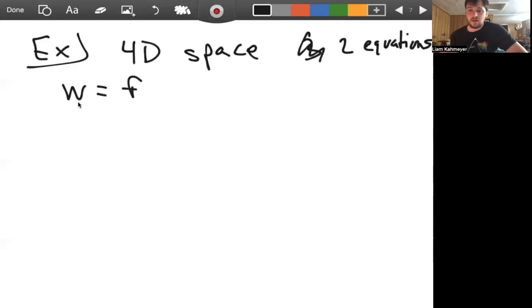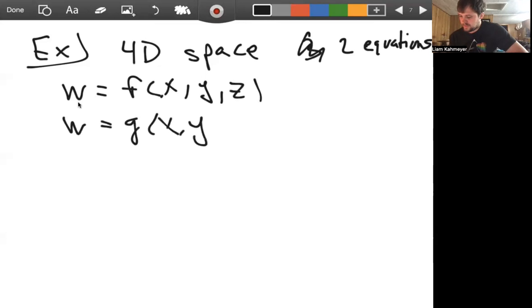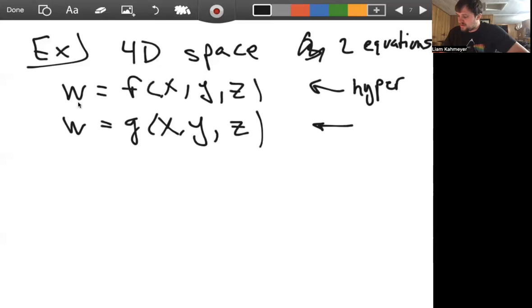Then functions in this 4D space are, say, W equals f of x, y, z, and W equals g of x, y, z. And since we're looking at linear equations in all of our systems, these have a name in higher dimensions. These are called hyperplanes.